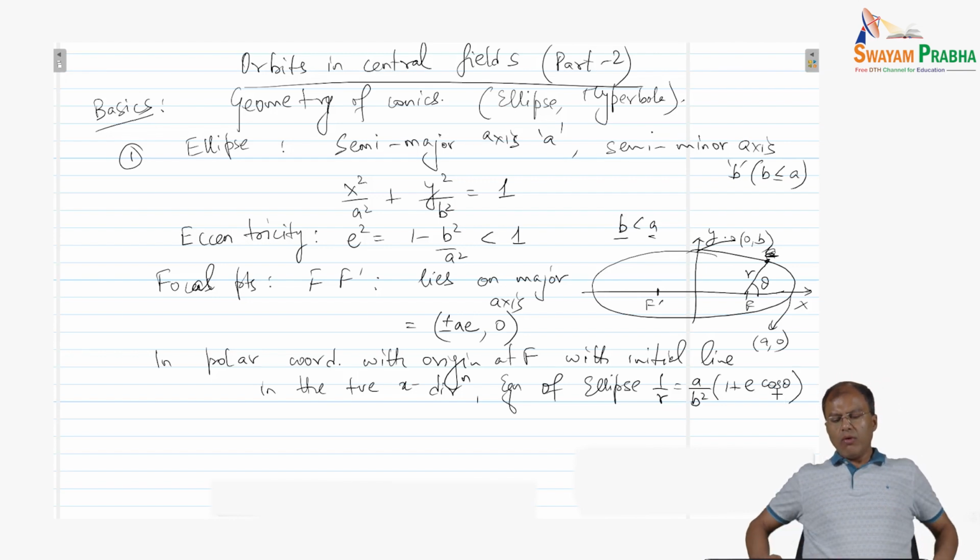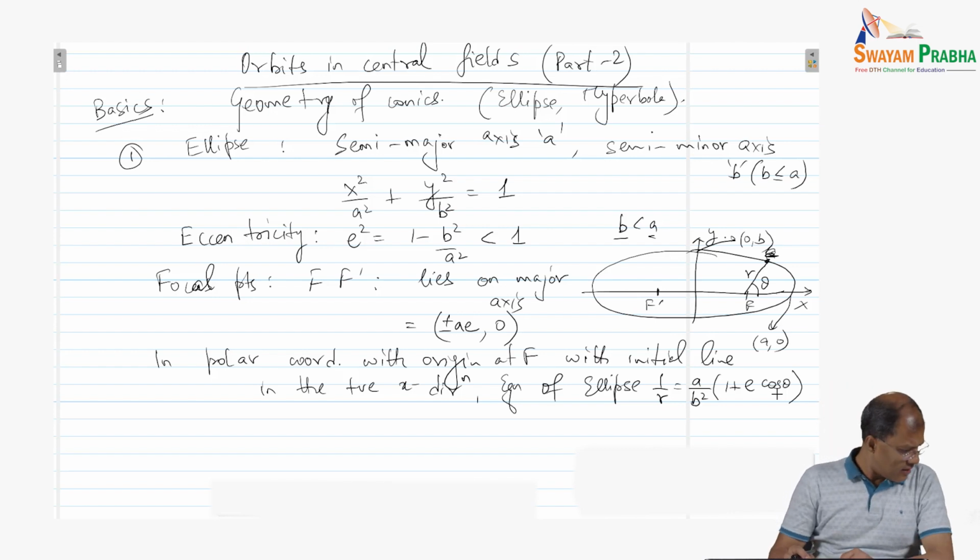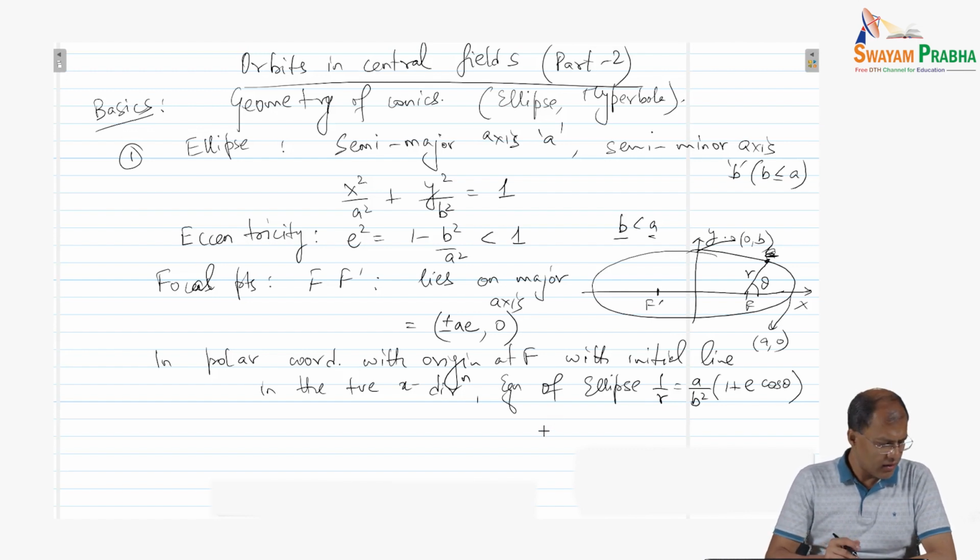So in polar coordinates we have the equation of the ellipse as follows. That's the ellipse as far as the ellipse is concerned.